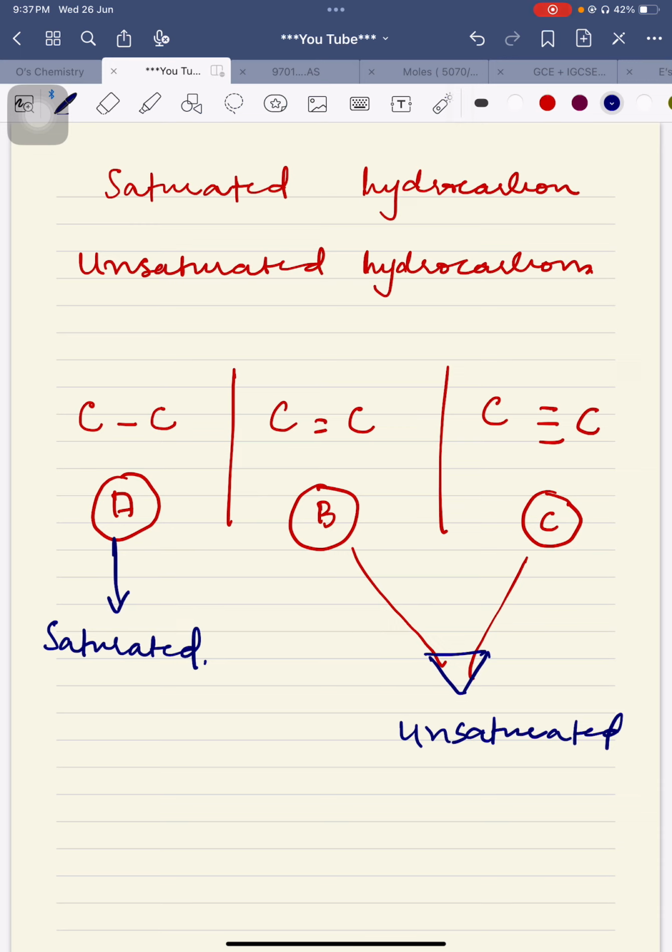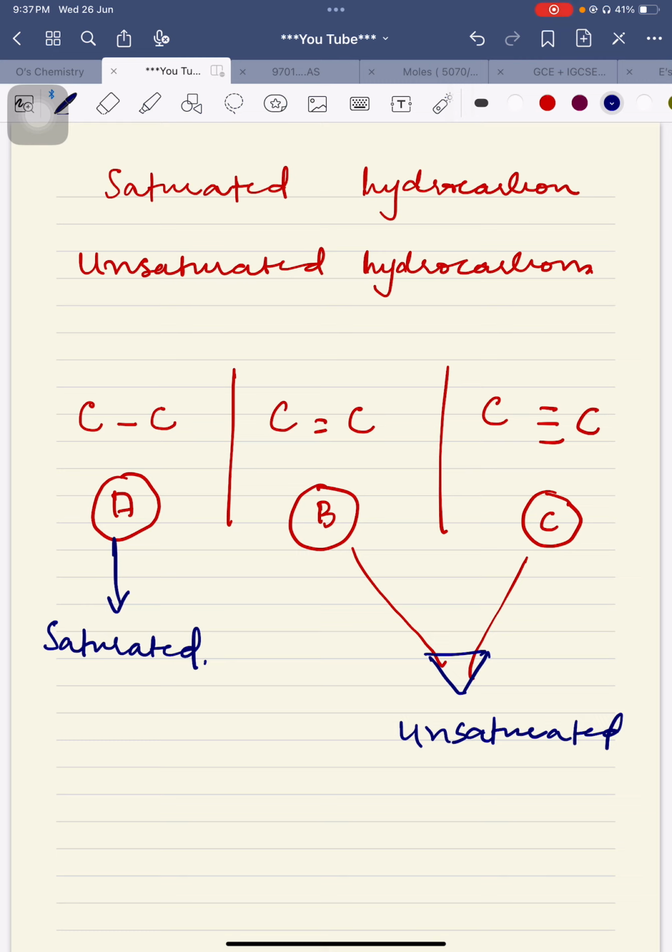Guys, let me explain it to you again from another point of view. Sometimes in some organic compounds, there might be a carbon-oxygen double bond. Sometimes there might be a carbon-nitrogen double covalent bond or a carbon-nitrogen triple covalent bond.